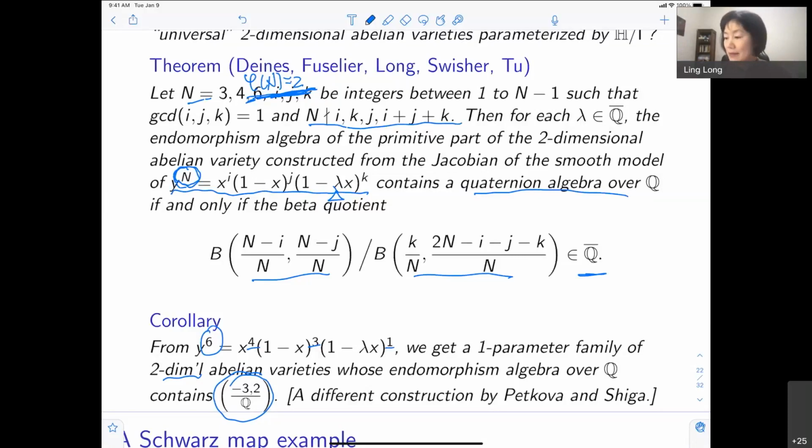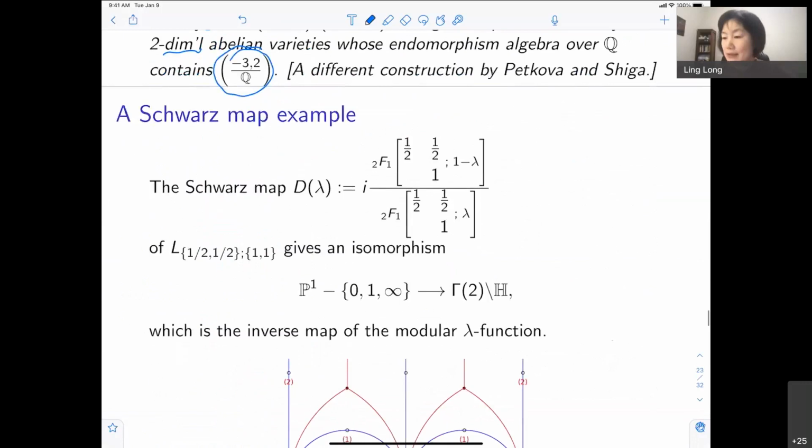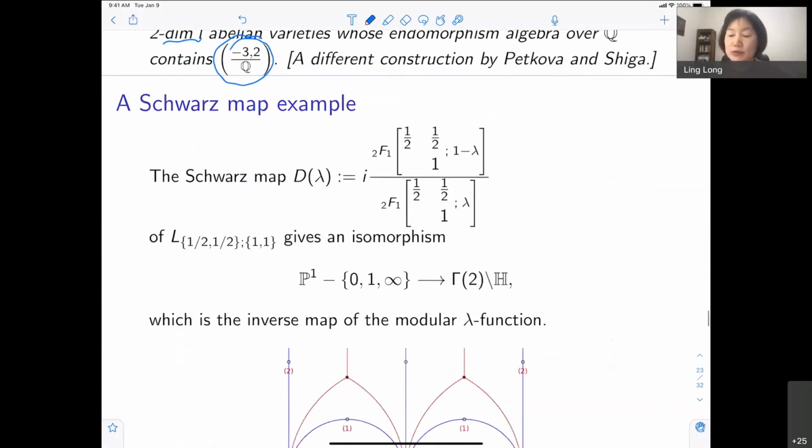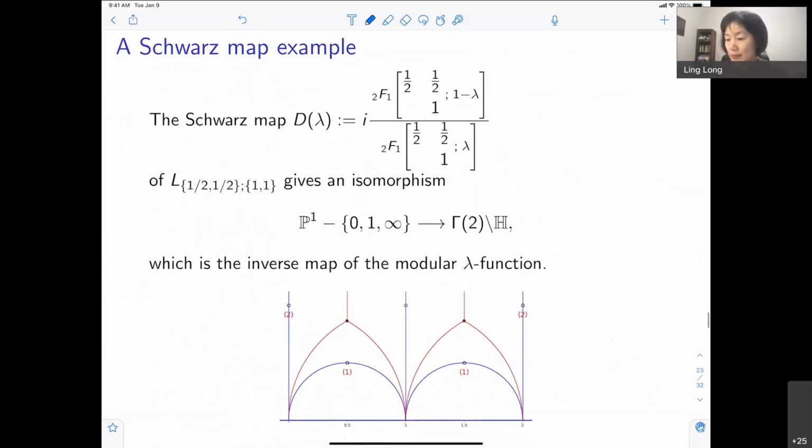Okay, now let me get to wrapping everything up. This is a very nice example, which is a very special Schwarz map. The Schwarz map I'm going to use corresponds to the upper parameters 1/2, 1/2, and lower parameters 1, 1. For this particular case, you can check that, of course, down here, there is a solution.